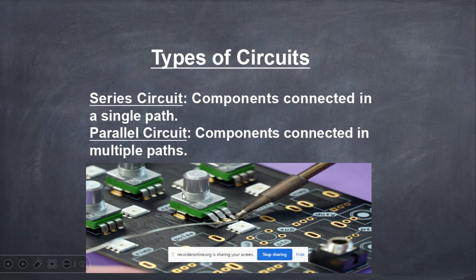As you see in this example, if this component and this component connect, this leg connects to this leg in series, we call it a series circuit. And another one is parallel circuit: components connected in multiple paths. For example, if this leg and this leg and this leg and this leg are connected in parallel, we call it a parallel circuit.